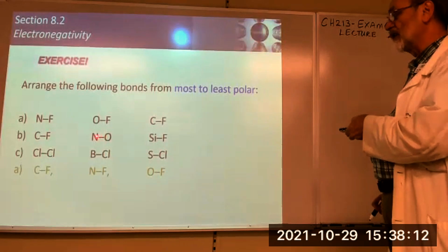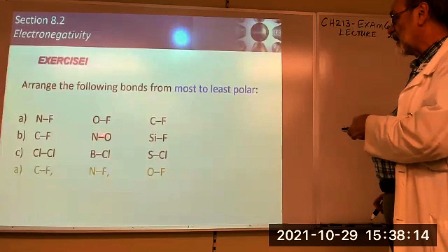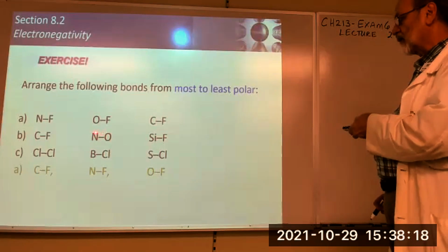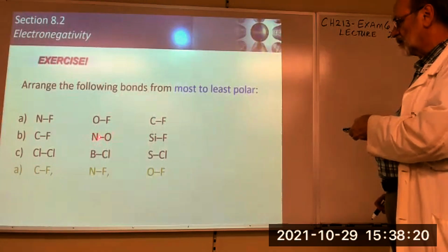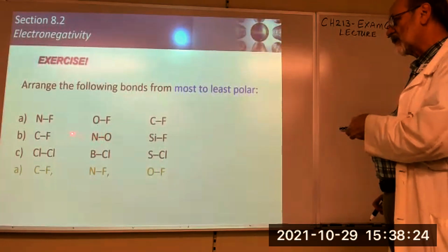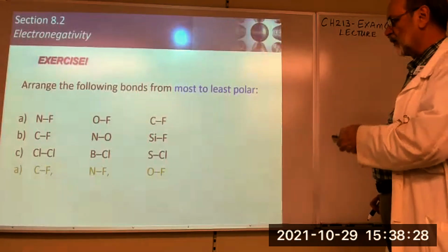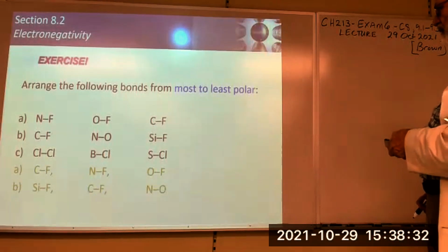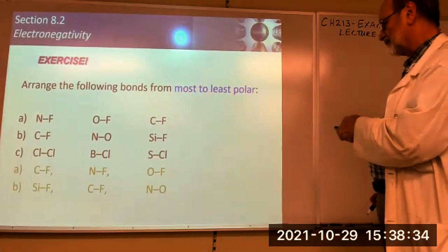Nitrogen and oxygen, they're next door neighbors, so they might be the least polar. And silicon's farther away than carbon is. So carbon and fluorine would be next, and then silicon and fluorine would be the most polar. Yeah, most to least.